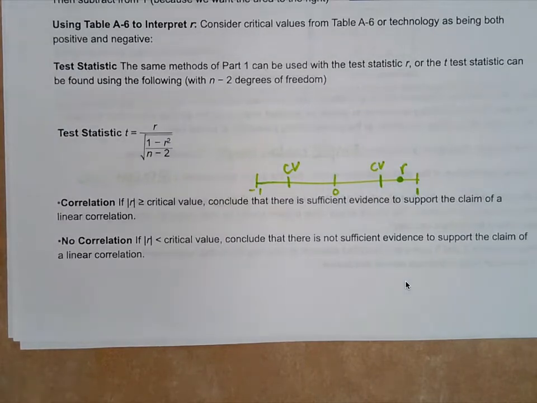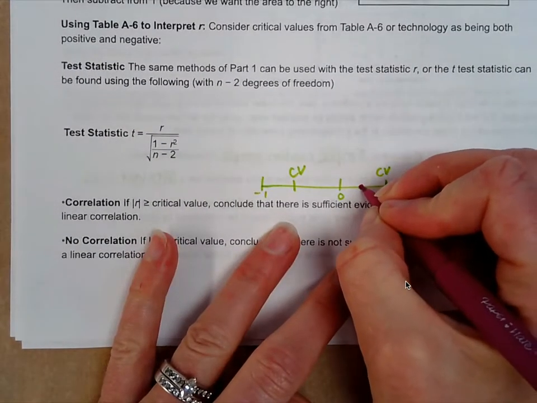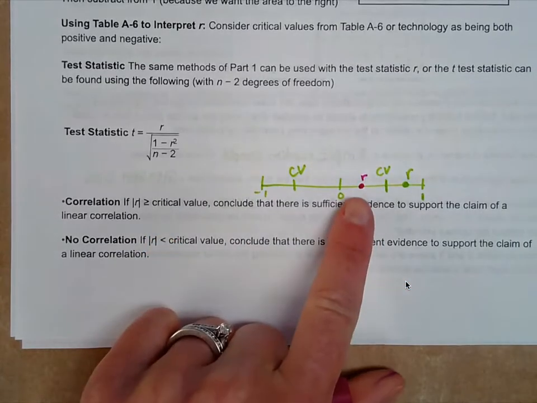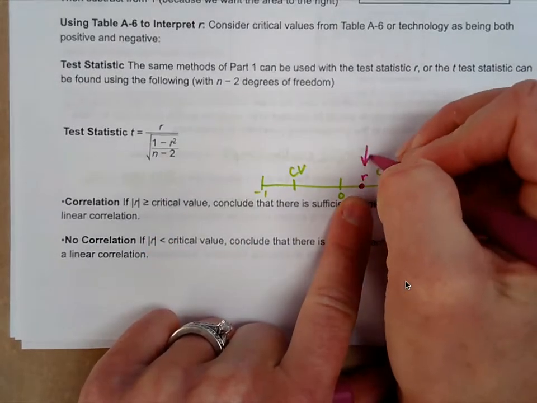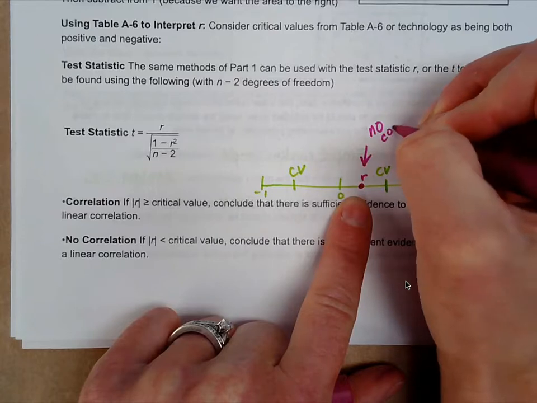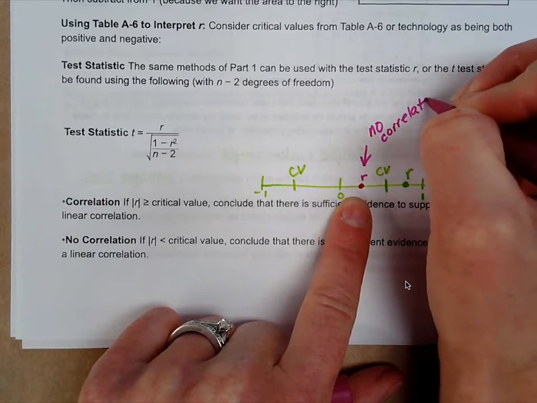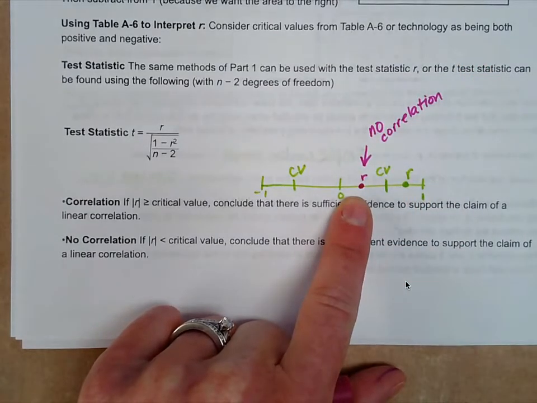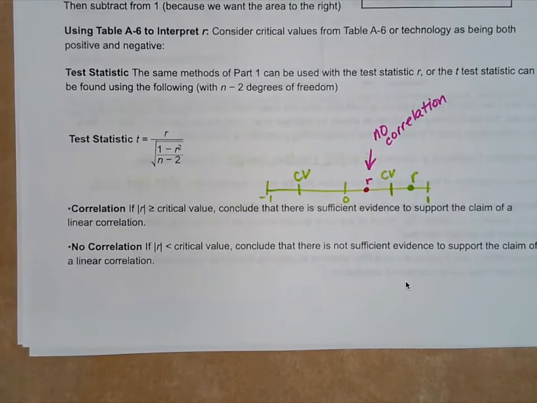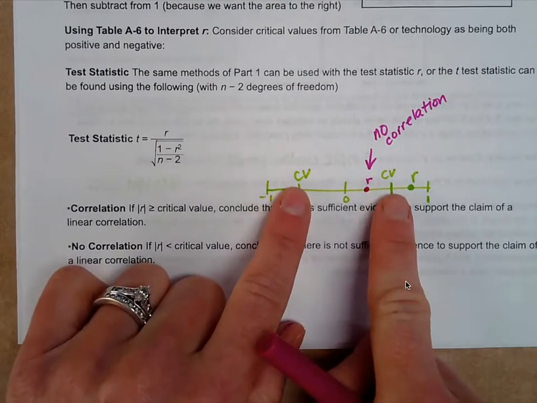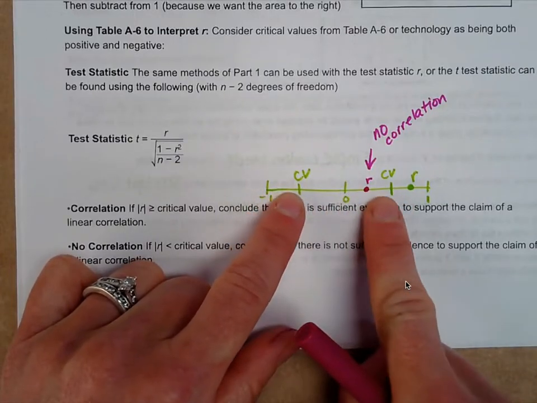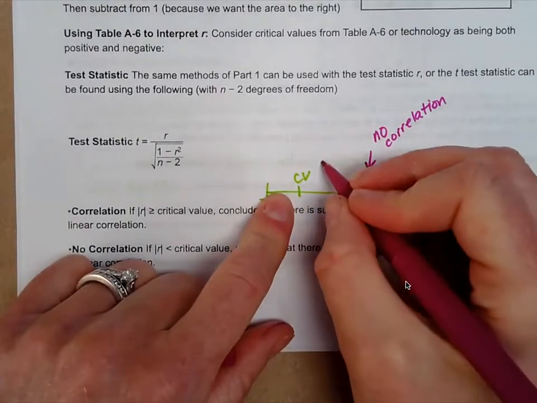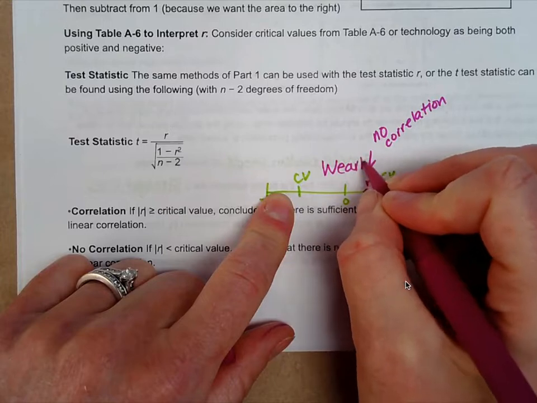But if I have another value, this is R. This means no correlation if the R value is right there, because it's not beyond the critical value. It's in between the two critical values. So anything in between the two critical values is considered weak or no correlation.